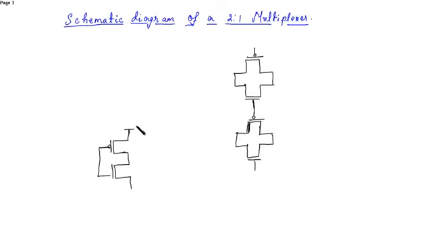These two are shorted. This is VDD, and this is ground. This is the select line S, and this is the select line S bar.